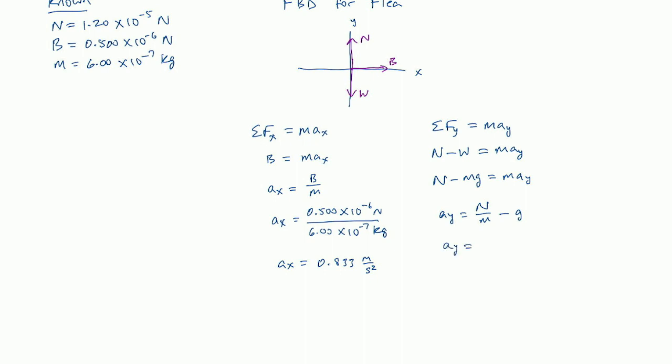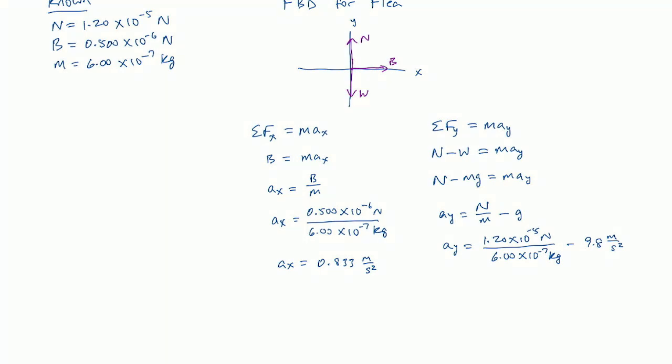All right, so a y is our normal force, 1.20 times 10 to the minus 5 newtons, divided by the mass, 6.00 times 10 to the minus 7 kilograms, and then minus 9.8 meters per second squared. Notice that g itself doesn't carry a sign.